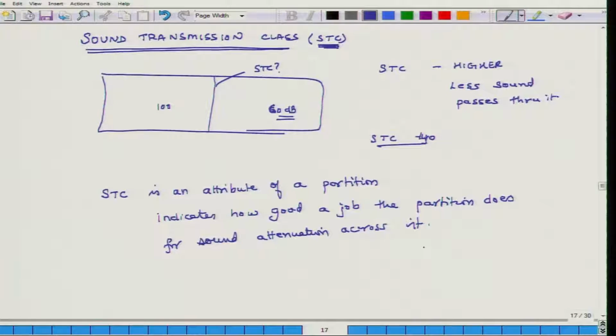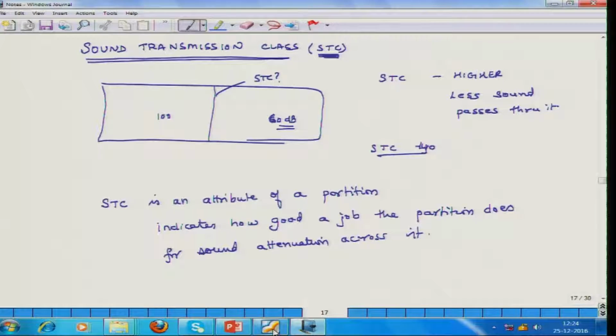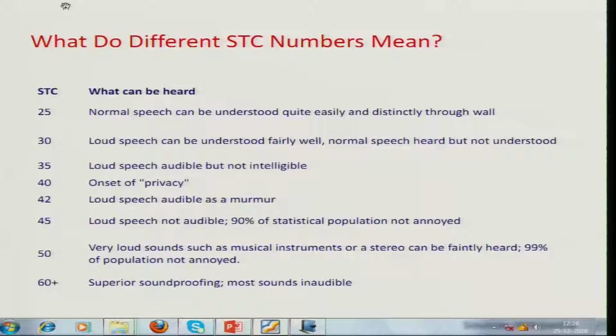Now, let us get some physical understanding of what these STC ratings mean. Suppose there is a long room and I divide this long room through a partition, and let us say all the walls of the room are rigid, so no sound is coming from outside except through the partition.